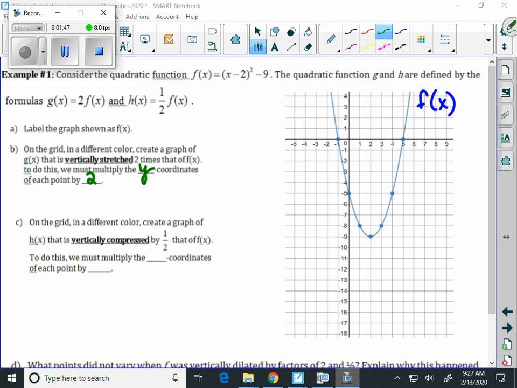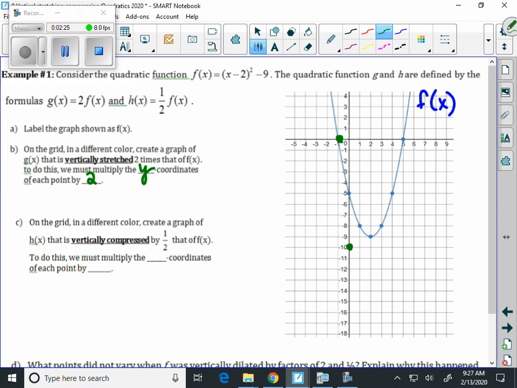The y value of this point is 0, and 0 times 2 is 0. So we're going to mark that one in. If we go to the y-intercept, which is (0, negative 5), the y value is negative 5, and we have to multiply negative 5 times 2, which is negative 10.